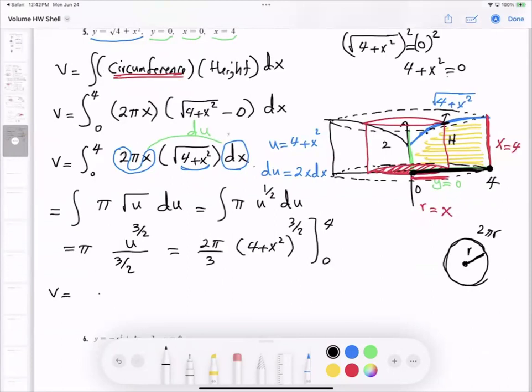So the volume is equal to 2 pi divided by 3. If I plug in 4, I get 4 plus 16, or 20, times the square root of 20, minus, if I plug in 0, I get 4 to the power 3 halves, or 2 cubed, which is 8. Very good.